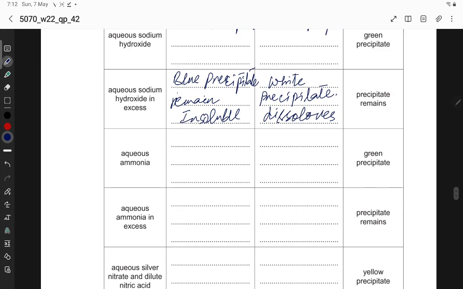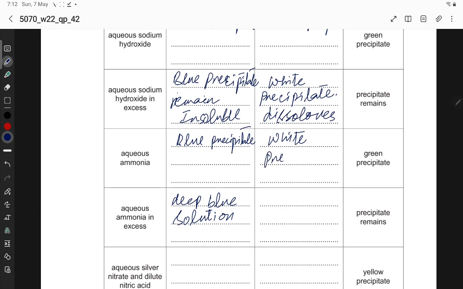Aqueous ammonia, blue precipitate, deep blue solution in excess of ammonia, white precipitate dissolves.